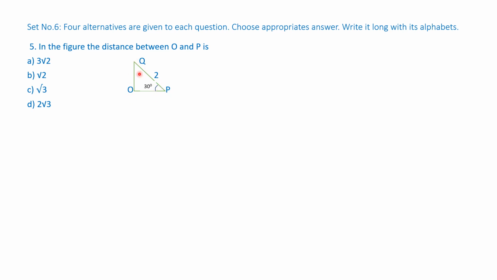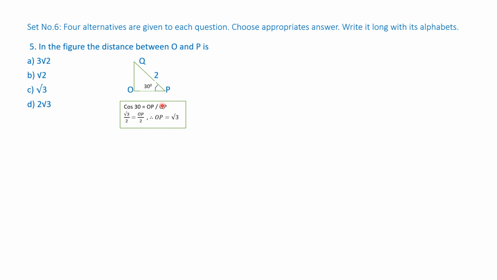In the given figure, QOP is a triangle, O is 90 degrees, and 2 is the hypotenuse, and the angle between OP and QP is 30 degrees. Therefore, we know cos 30 is equal to OP by QP.